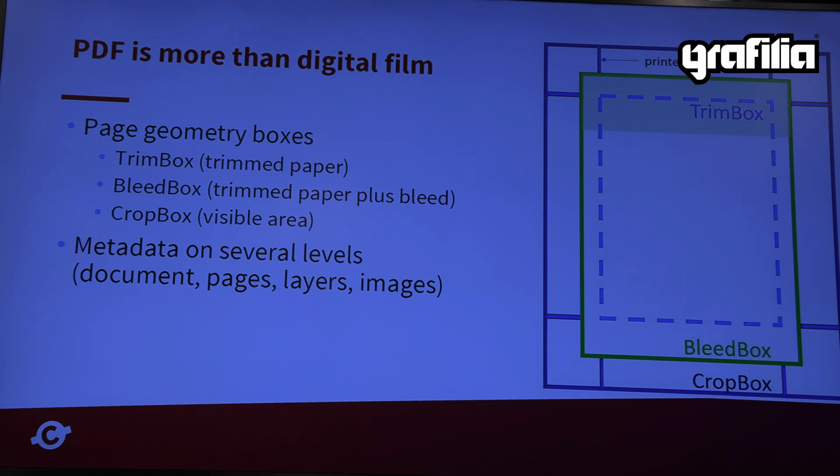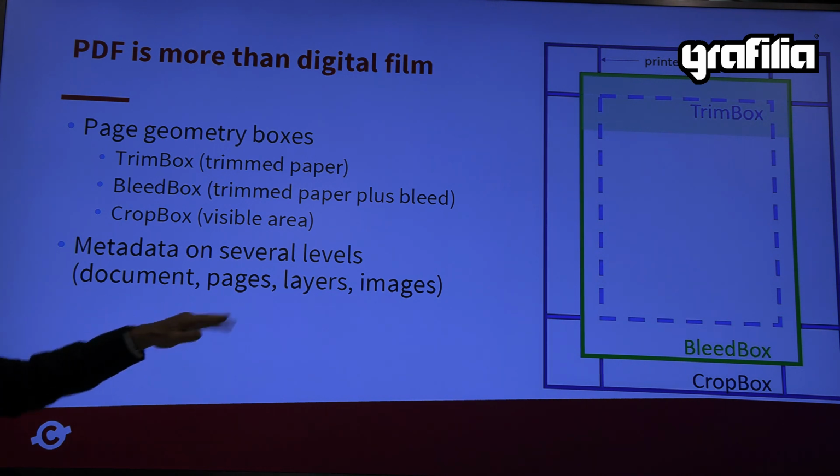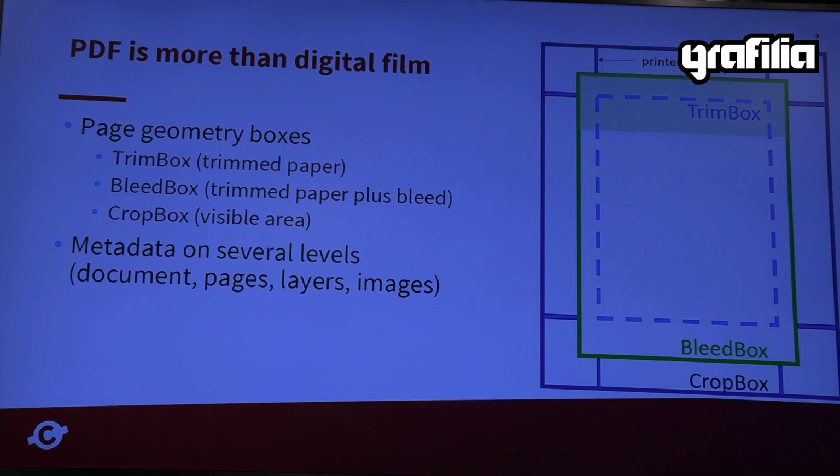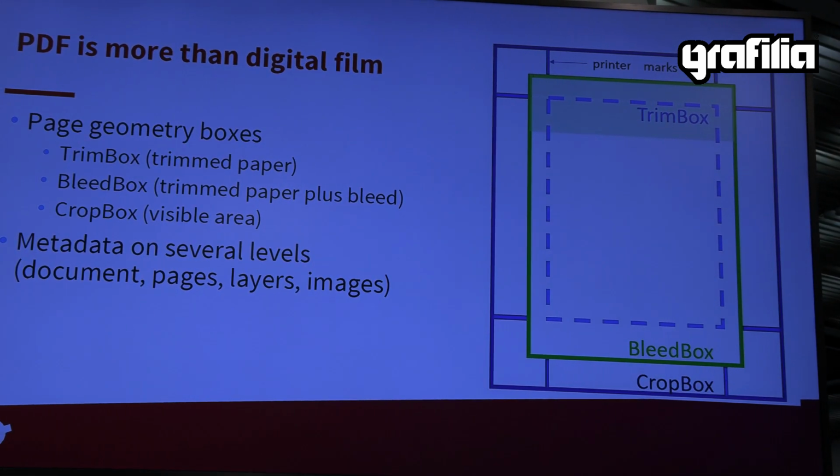A few examples of what you can do in a PDF file. It's not just a replacement of paper. From a prepress point of view, a PDF page cannot just be a page with some dimensions. It can have several geometry boxes. First of all, there is the trim box that specifies the area of the finally cut page of the final print product. There can be the bleed box that specifies the area around that cut sheet of paper where the bleed is getting in.